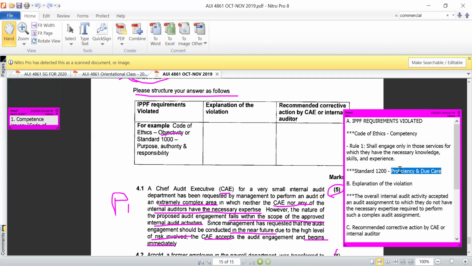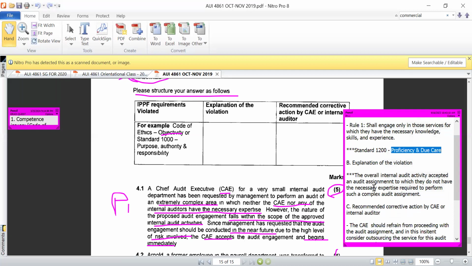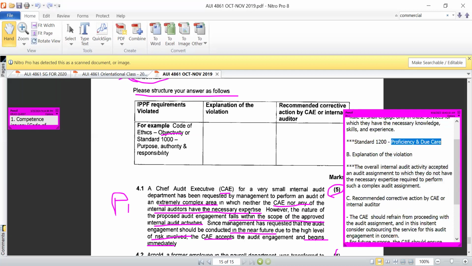Why are we quoting that they are violating Standard 1200 on proficiency and due care, and of course the IPPF code of ethics principle of competence? Because the internal audit activity as a division, including the chief audit executive himself, is not capacitated to perform this audit assignment in the complex audit area as emphasized.